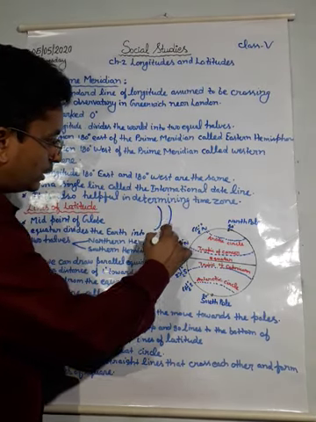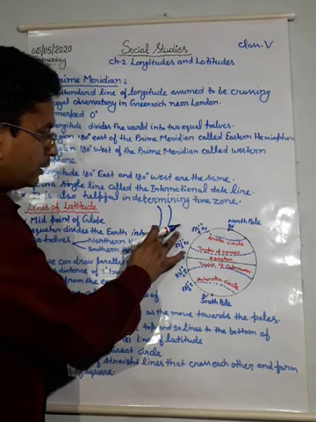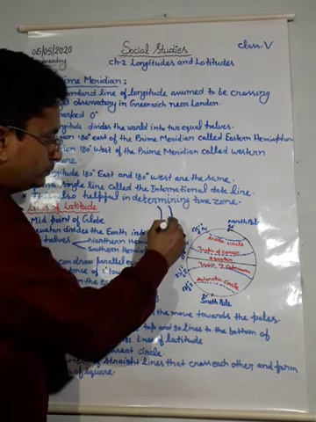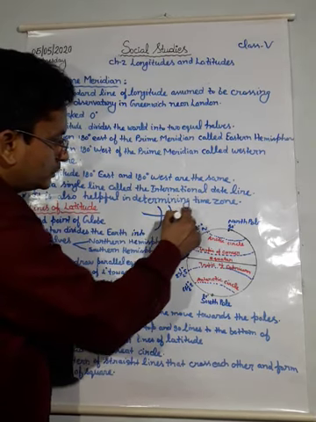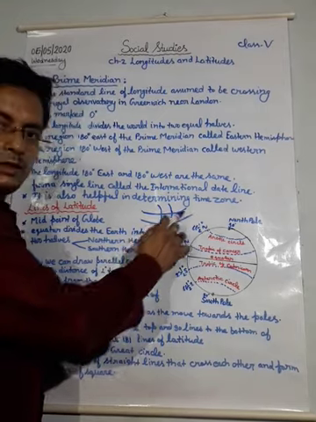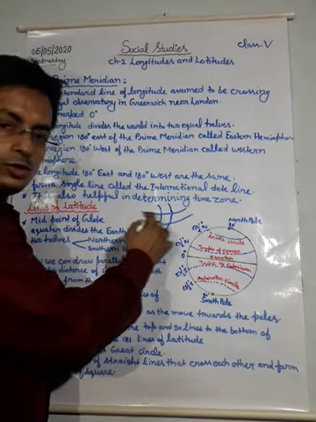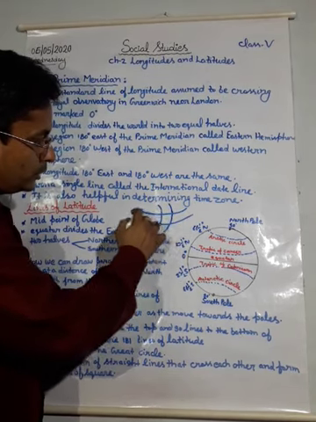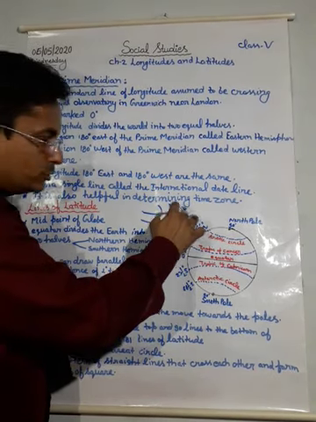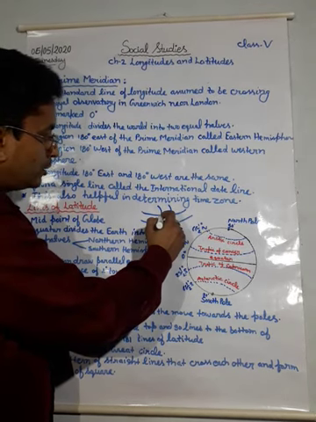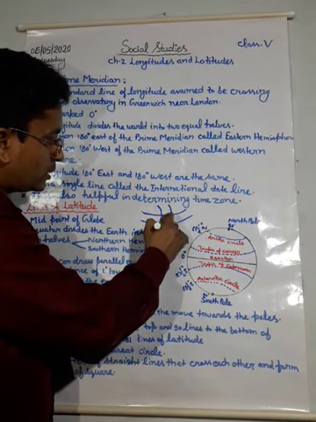this is a vertical line, you can say it is longitude, and this is a sleeping line, you can say it is latitude. Both lines divide each other at a point and make a square shape.